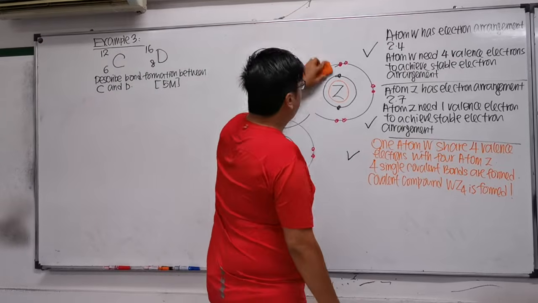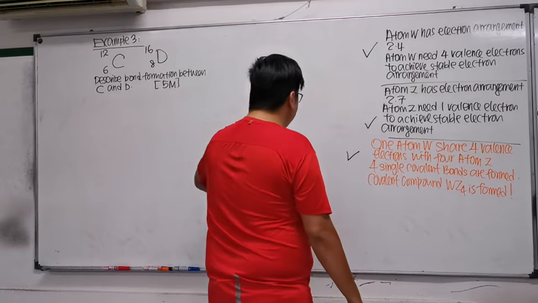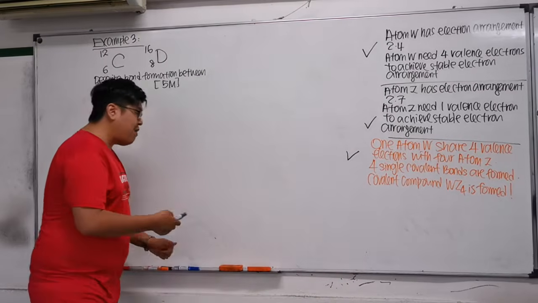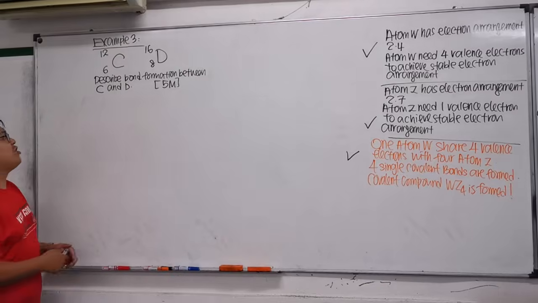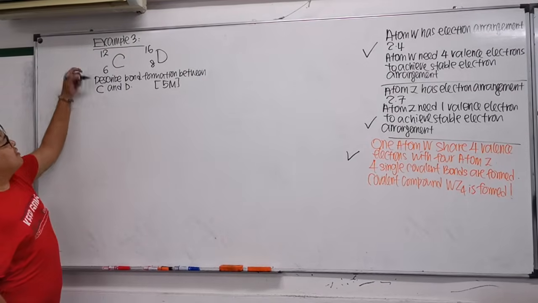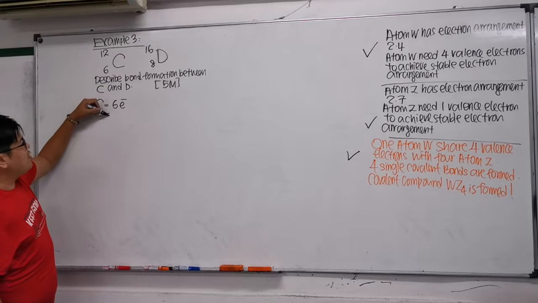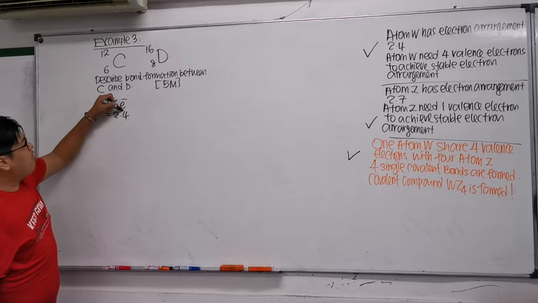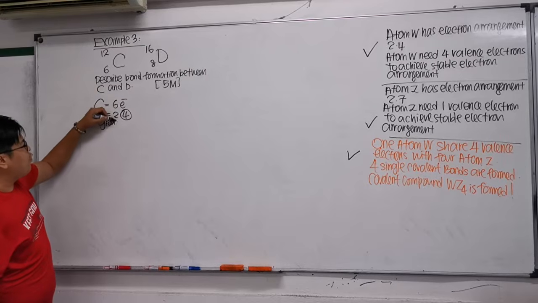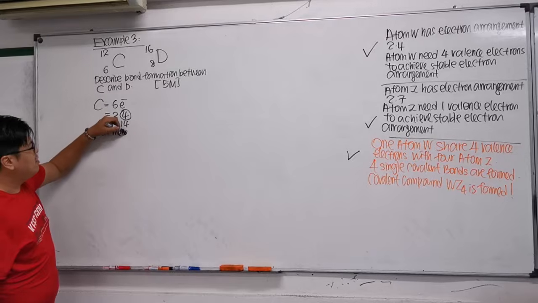Okay, same thing. Whenever you have any bond related question, always begin with writing the electron arrangement. Substance C has 6 electrons, which is 2.4. 4 outer electrons is group 14, which makes it a non-metal.